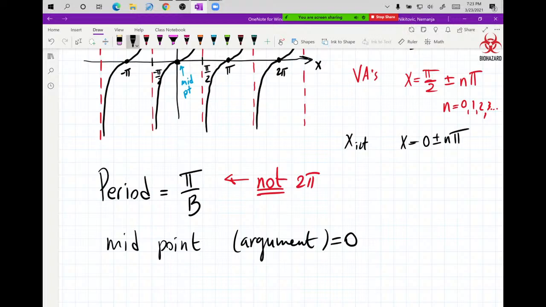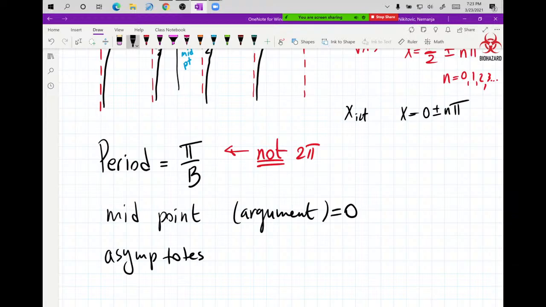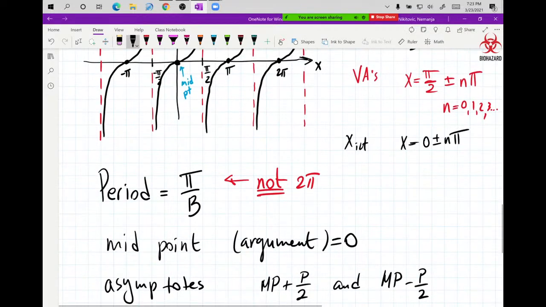So argument equal to 0. And the asymptotes are at midpoint plus half a period and midpoint minus half of the period. So this is all that you need for tangent.